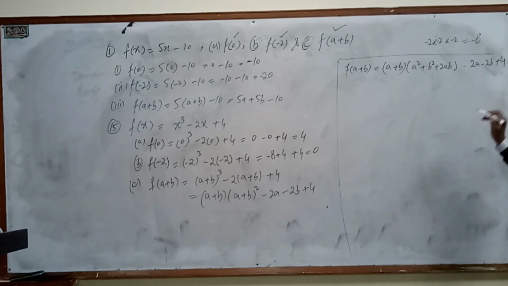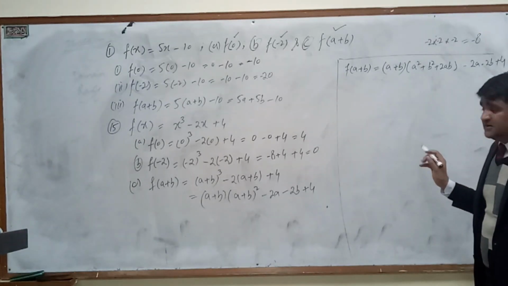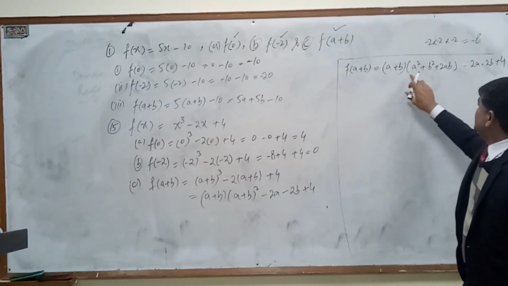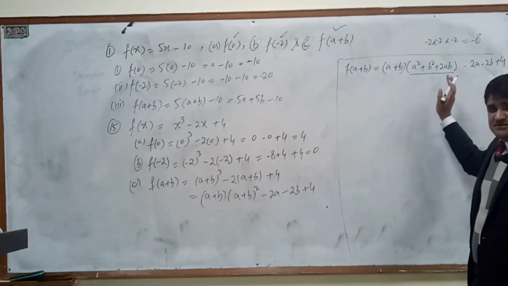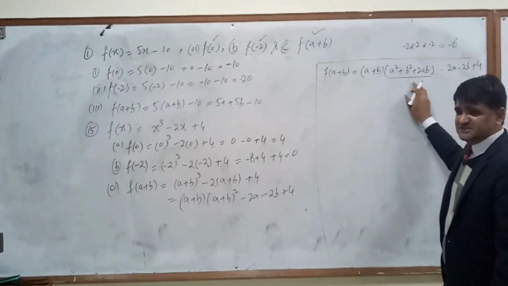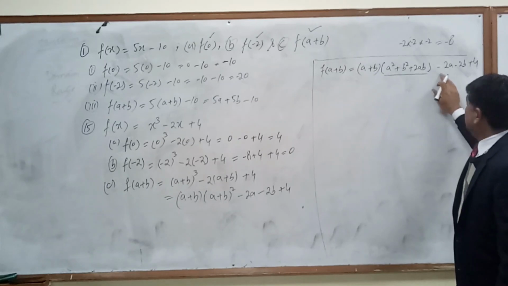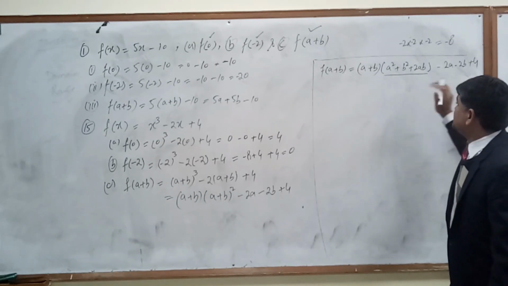Is it clear? Yes. So we can simplify. First we will multiply a with all the expressions in the parenthesis, then we can multiply b with this. Then we can add or subtract or simplify the expression.